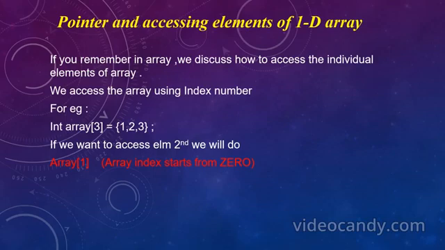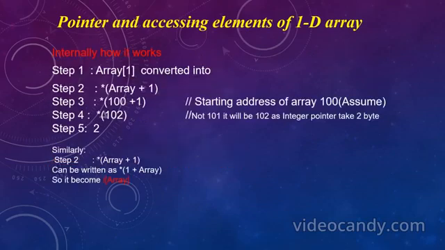But how does the compiler do that internally? As we discussed, arrays are always treated as pointers. So internally, this is a very important thing to understand: when I access array[1], internally it is converted into star of (array plus 1), where 1 is the index number.